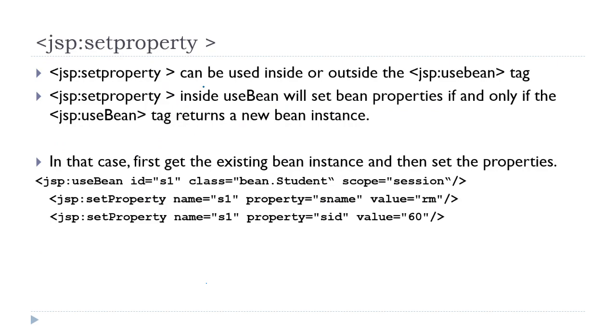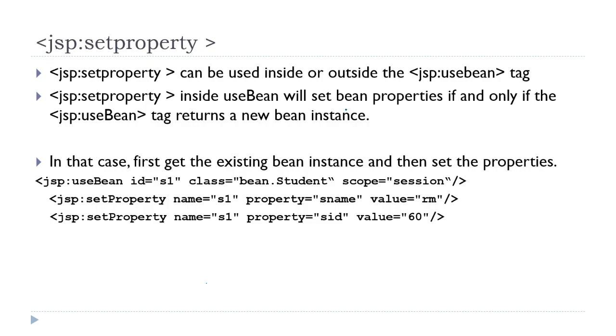Now the set property tag can either be used inside the JSP useBean tag or outside the JSP useBean tag. The set property tag will only work inside the useBean tag if the call to useBean is returning a new instance.